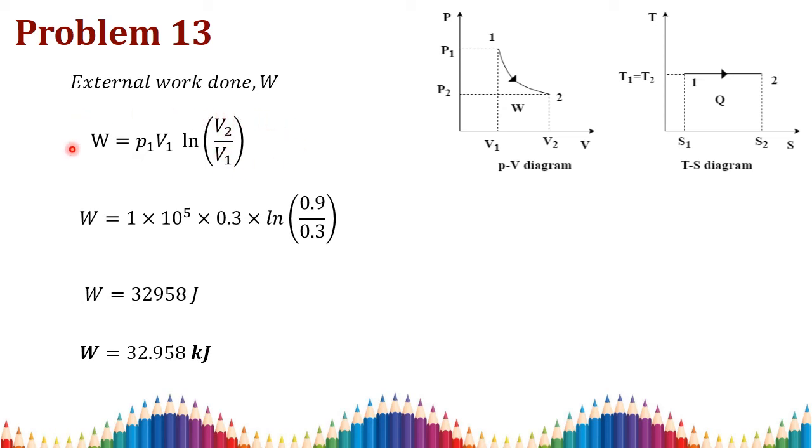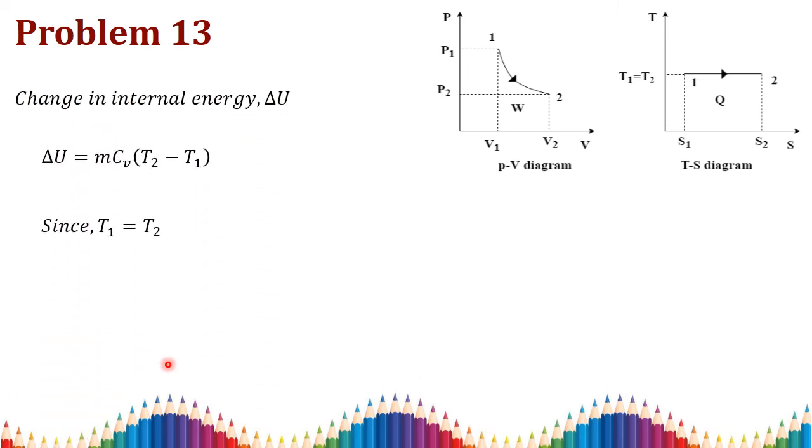This is our equation for work done in a constant temperature or isothermal process. Pressure is 1 into 10 to the power of 5 Newton per meter square, V1 is 0.3 meter cube, and ln of V2 by V1. Then I get the units in joule. So work done is equal to 32,958 joule. For convenience, I am writing the work done as 32.95 kilojoule.